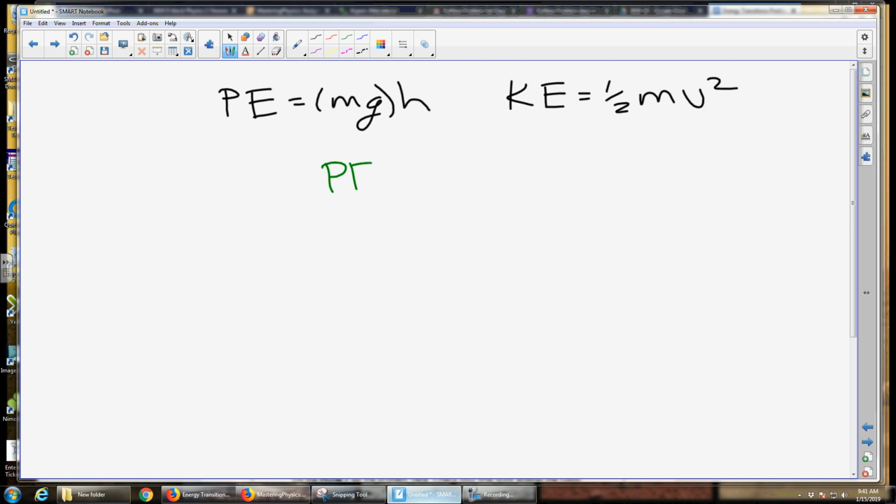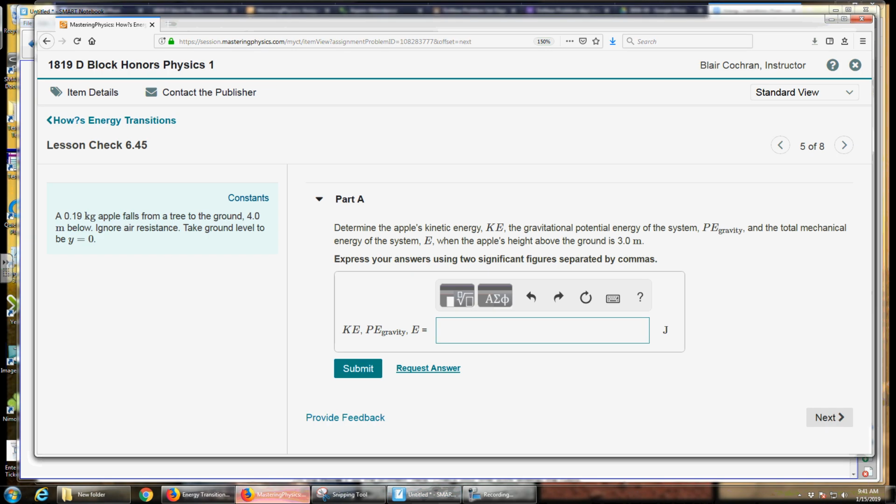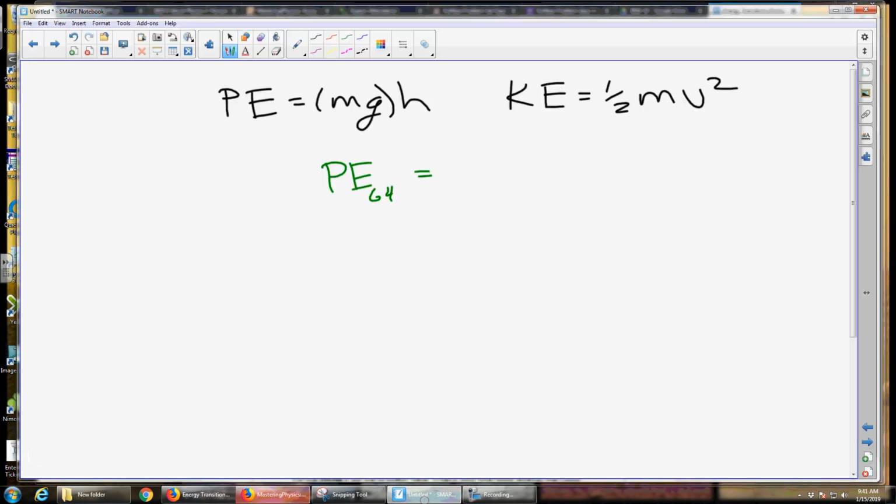So I'm going to say PE grav at 4 meters, I think mine goes from 4 meters down to 3 meters. Right, yep, 3 meters. Equals PE grav at 3 meters plus KE at 3 meters.